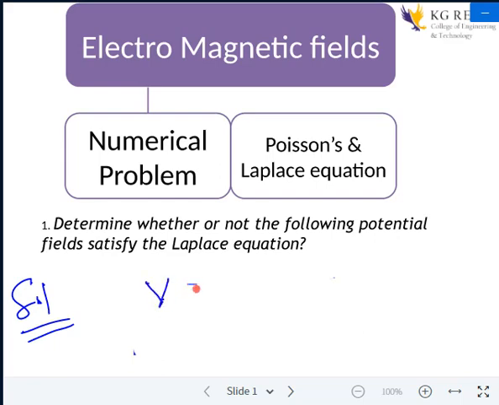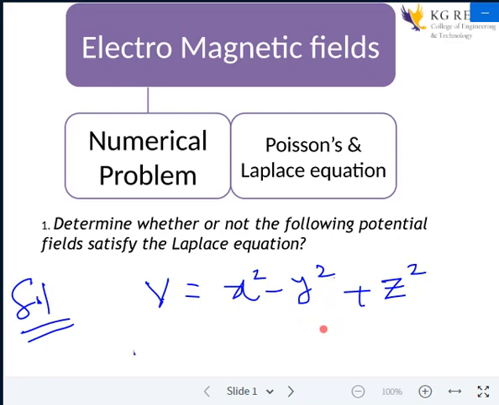Let us take V equal to x square minus y square plus z square. So here I have given an equation for the voltage, V equal to x square minus y square plus z square. This is given in the Cartesian coordinate system, which we also call the rectangular coordinate system.